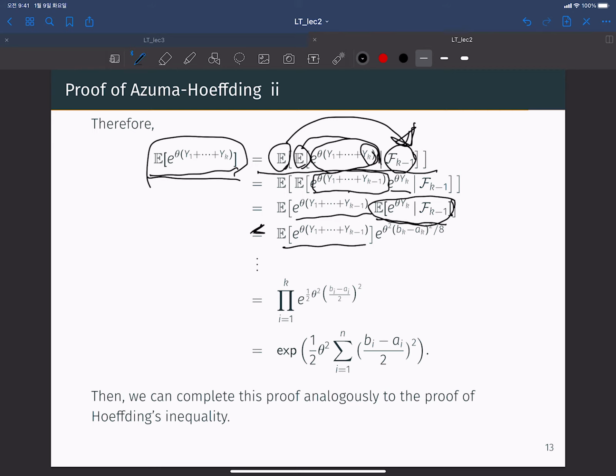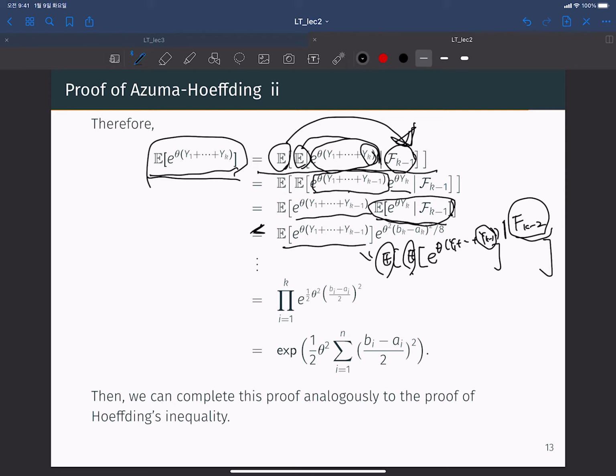When you repeat this process again and again, how to repeat? This is equal to the expectation of the expectation of e to the zeta y1 plus up to yk minus 1, for given filtration k minus 2. Then the inner expectation is with respect to the random variable yk minus 1 for given filtration at point k minus 2, and the outer expectation is with respect to this filtration.